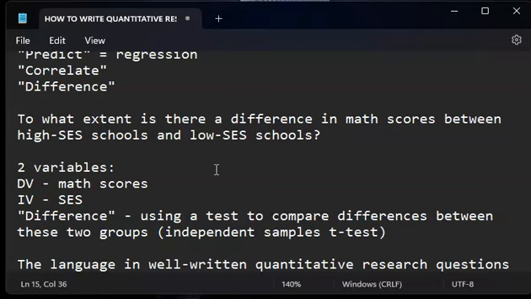So look for these key principles and integrate them into your practice as much as possible, even if you see lower quality research questions, even in published research. Okay, hope this was helpful in understanding a little bit more about quantitative research questions.